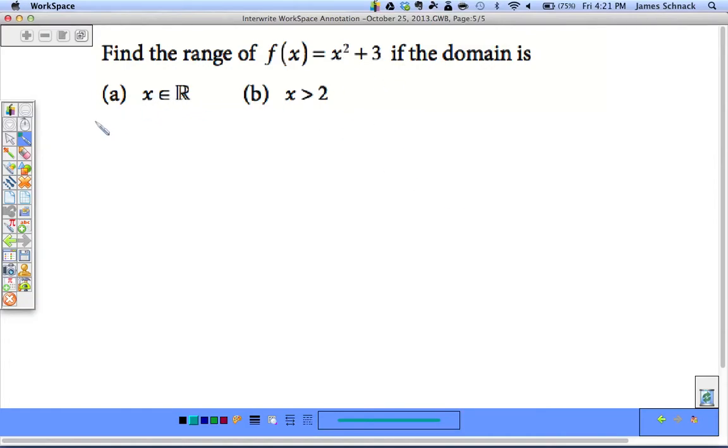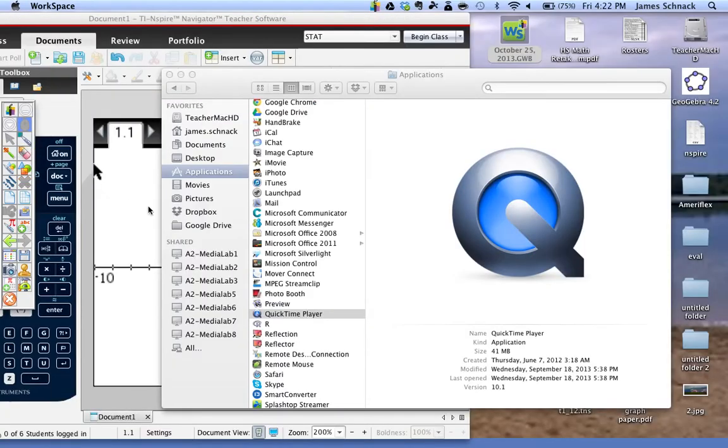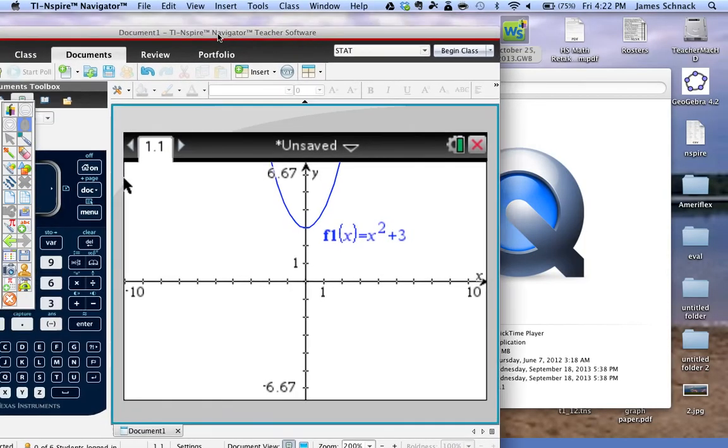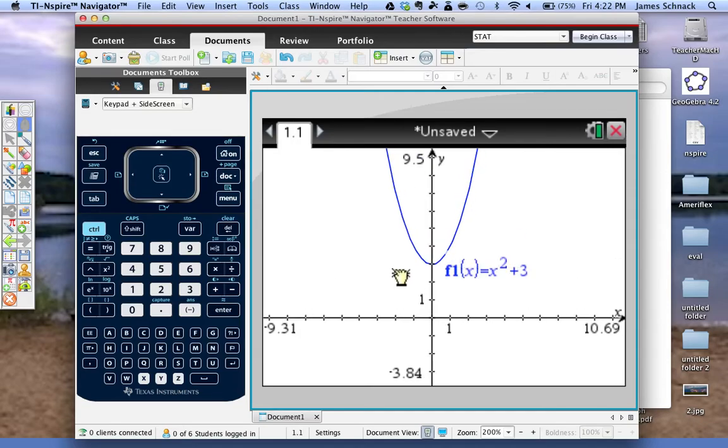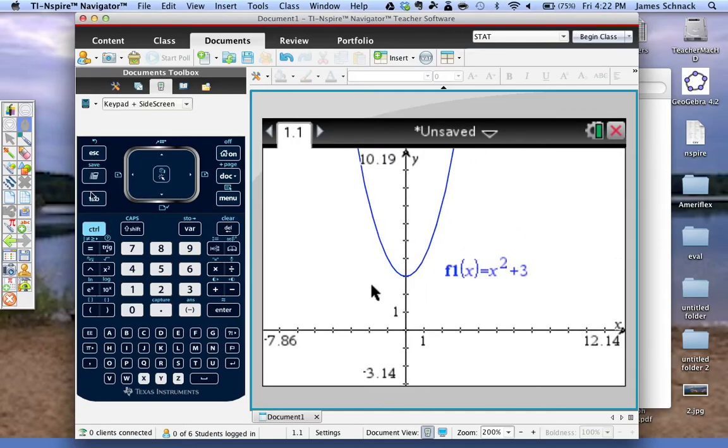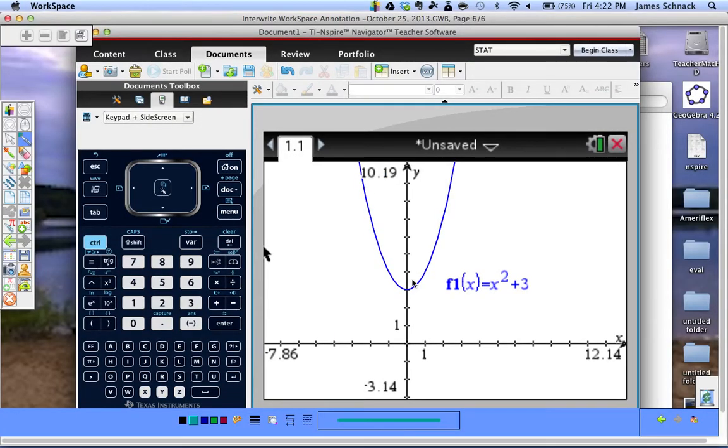Find the range of f of x equals x squared plus 3 if the domain is x being all real numbers. So I'm going to go to my graphing calculator. Here we go, x squared plus 3. I want the range if x is all real numbers. As x gets more and more positive, this graph is going up, up, up forever. But it doesn't go down forever. It stops right there.